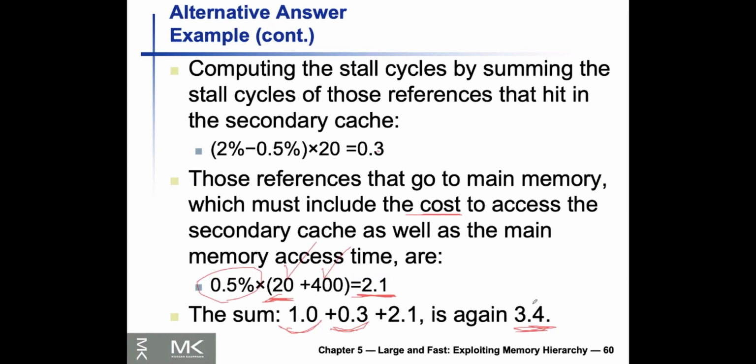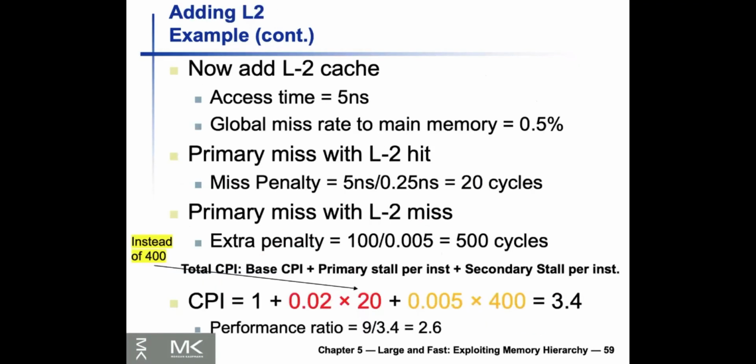And then you add it up to the 0.3 and the base 1. That would be again 3.4, right? So this is another alternative answer for the same question. This way we went with the stalls, and the other side we went with the access time actually.